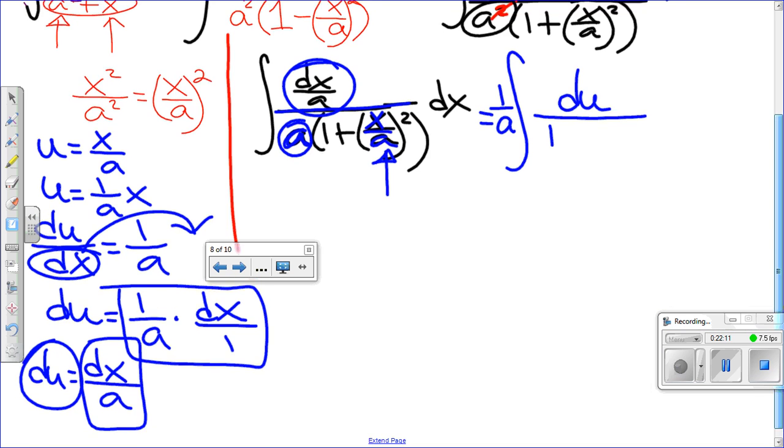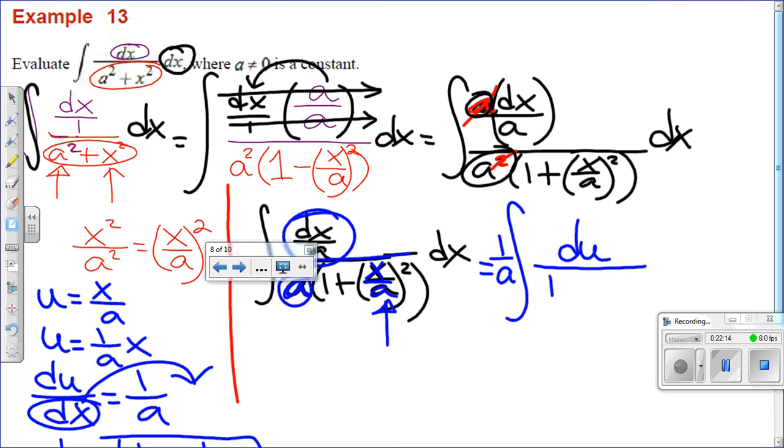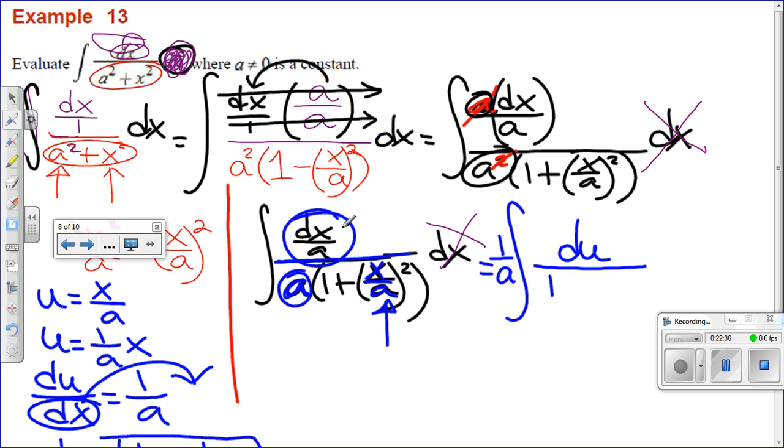Okay, and I just noticed that actually there was a typo right here. There's an extra dx. It shouldn't be here because we already have it here, okay? So we're going to get rid of this one here and here. And so right here, just to continue, this dx over a is actually being substituted by du.